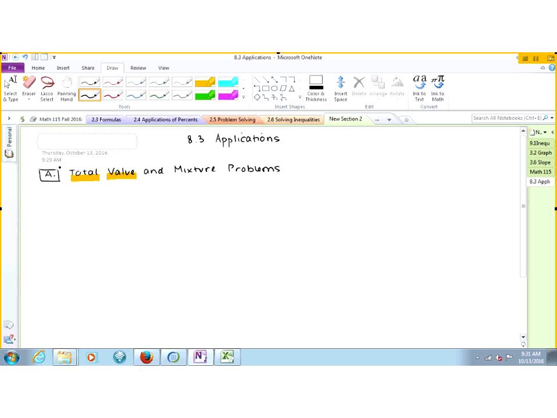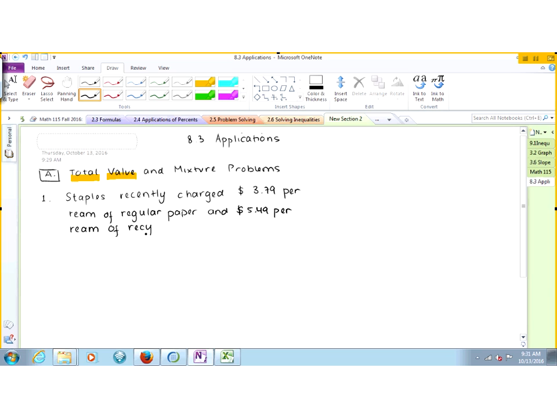So number one, Staples recently charged, a few years ago, $3.79 per ream of regular paper and $5.49 per ream of recycled paper, or paper made from recycled fibers.